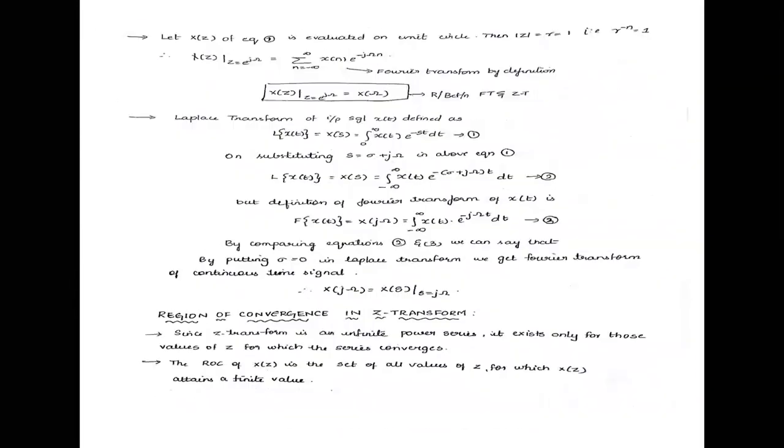So X(z), where z is equal to e^(jω), becomes X(ω). The z transform is converted into the Fourier transform by replacing z with e^(jω), and the magnitude is equal to 1.